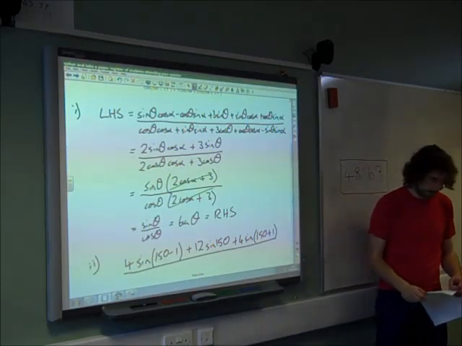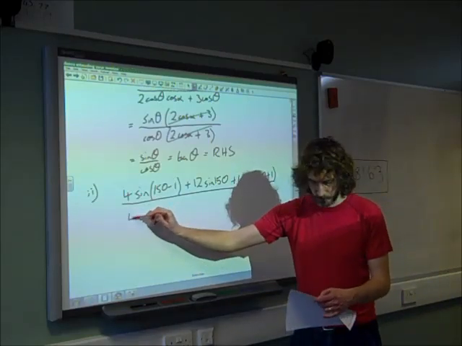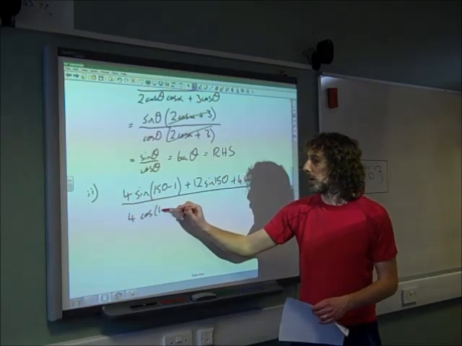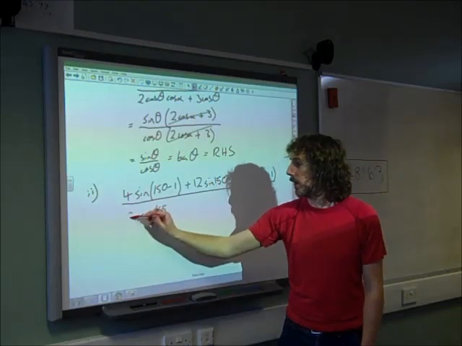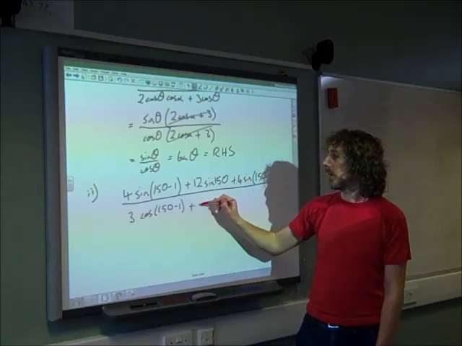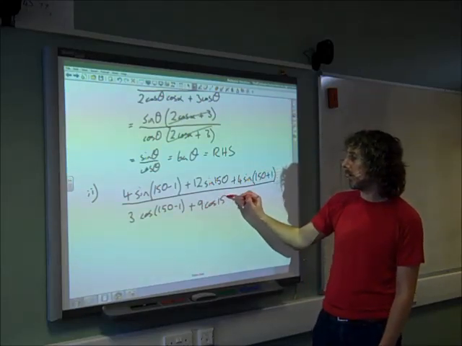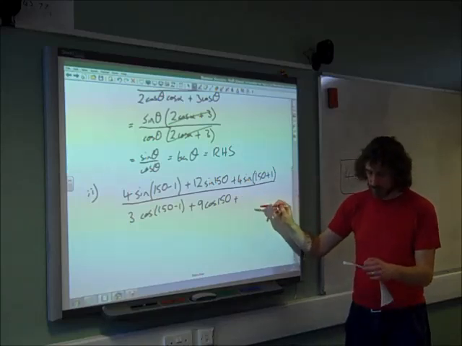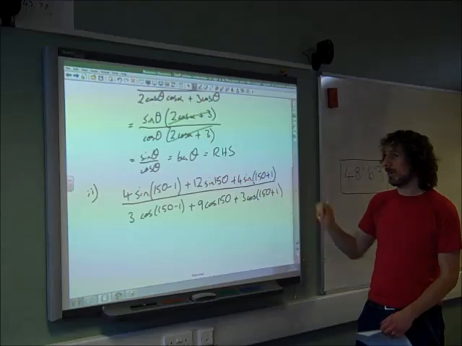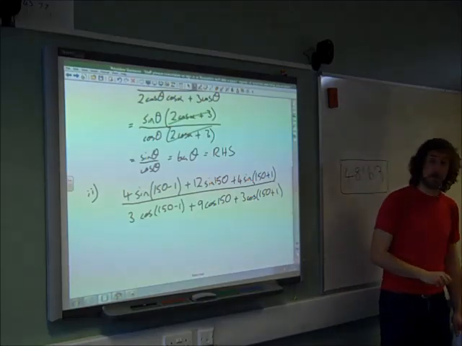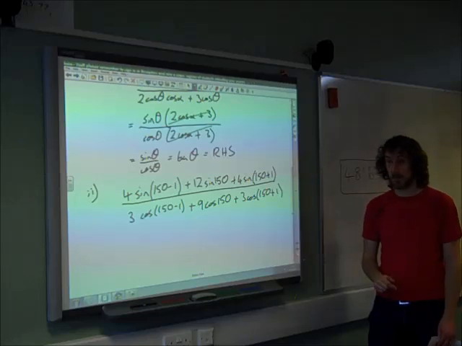And the bottom line of our fraction had us doing 3 cos 150 minus 1 plus 9 cos 150 plus 3 again cos 150 plus 1. So that's just copying out the question in effect, but noticing the link between part 2 and part 1 that we already had.